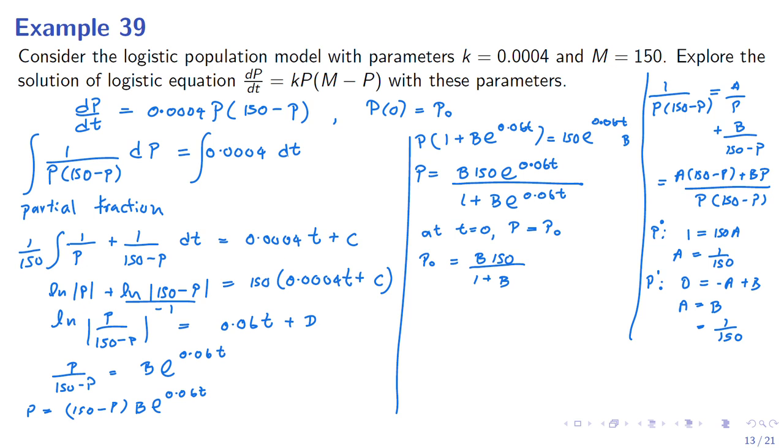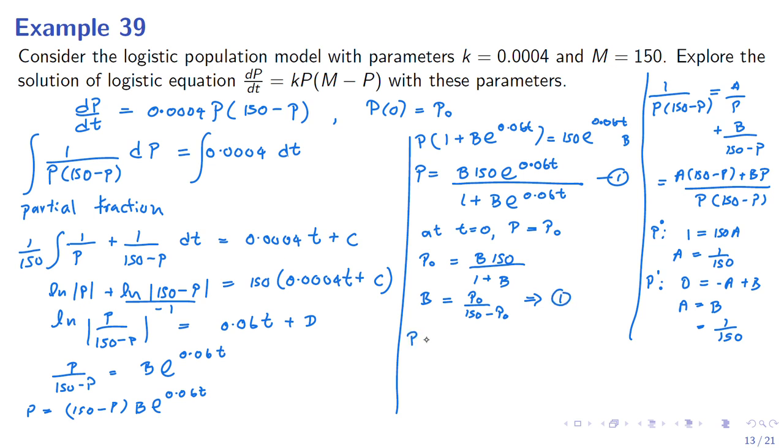If we solve this for beta, which I'm going to skip because I don't have space here, we will get beta as p naught divided by 150 minus p naught. Let me call this equation 1.